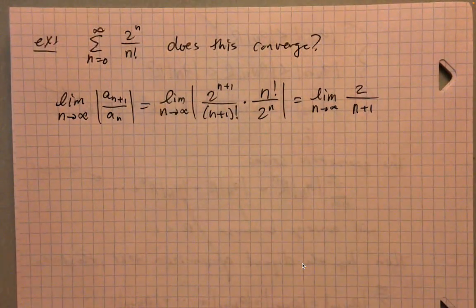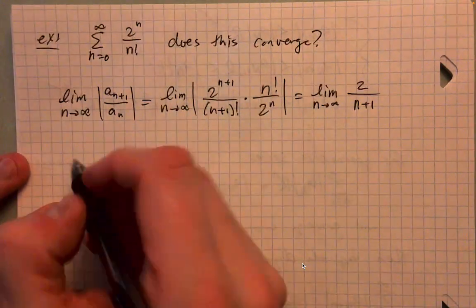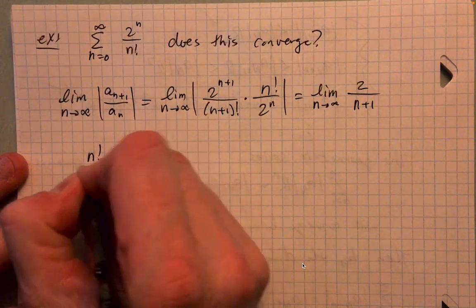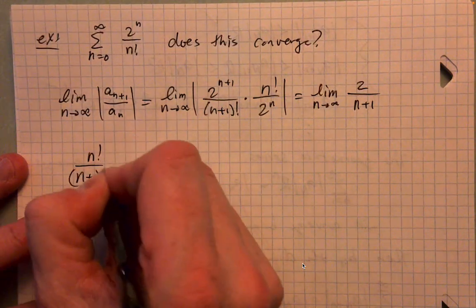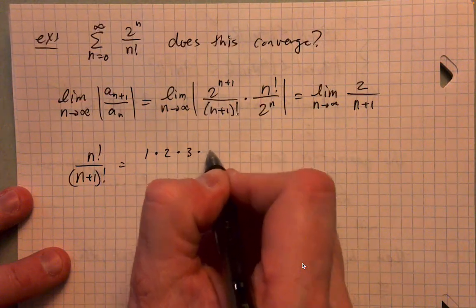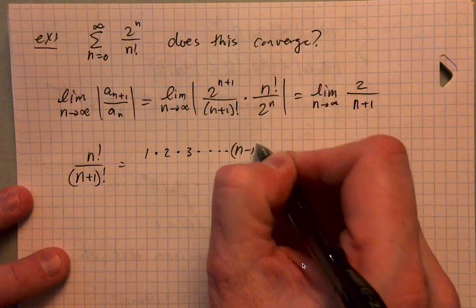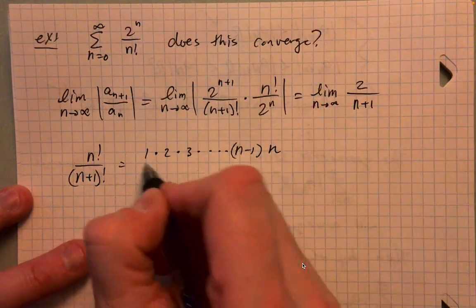Now be careful, make sure you understand that. That's a mistake that a lot of people in Calculus 2 make when they start dealing with these factorial expressions. They'll start canceling them wrong. So I'll just do this once to make sure that people are following. What do these things mean? Well, I've got 1 times 2 times 3 times ... times n minus 1 times n on top.